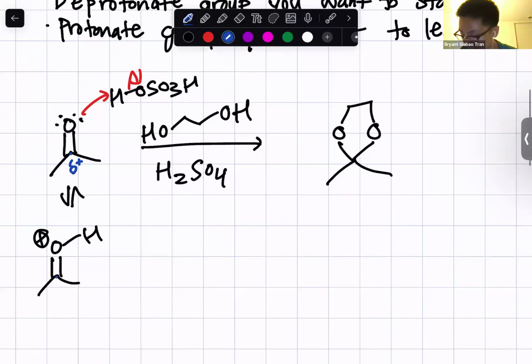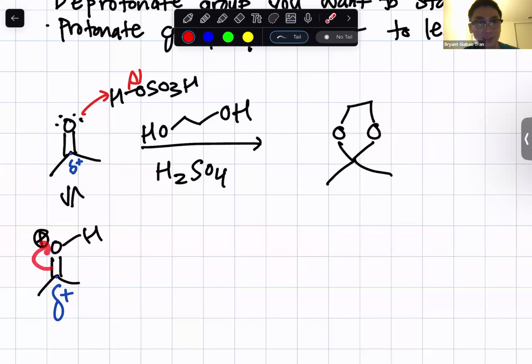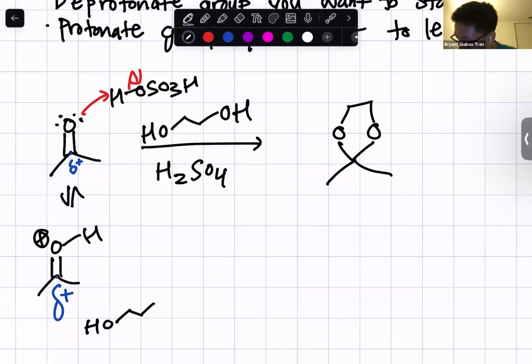But once we activated it by protonating the carbonyl oxygen, imagine that this oxygen wants to get neutralized by stealing its bond, making this carbon a bigger partial positive charge because the oxygen is now more greedy for its electrons to become neutral.